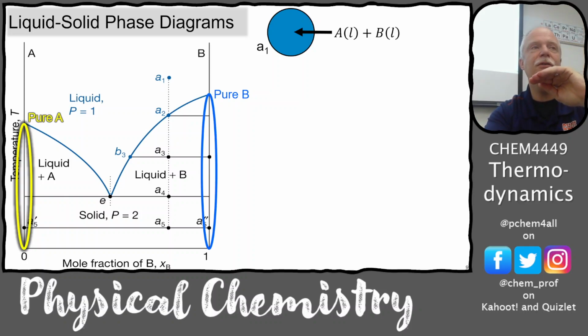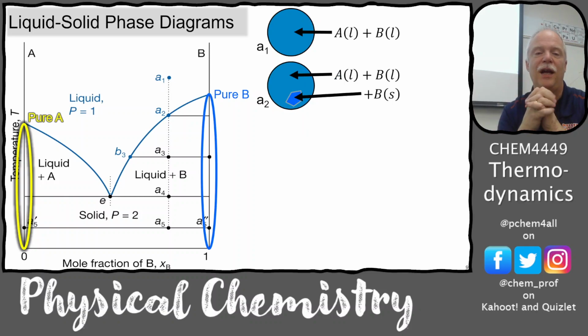So at A2, it starts to freeze. I'm entering a two-phase region, and the lever rule starts to apply. When it first starts to freeze, I'm all the way over at A2, so very little B starts to freeze, but it starts to grow. As I drop the temperature, B starts to crash out.